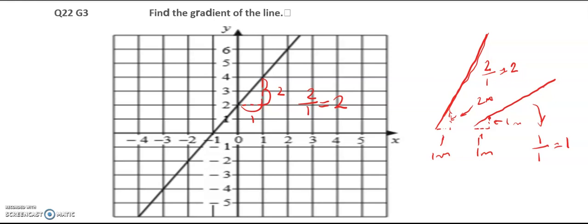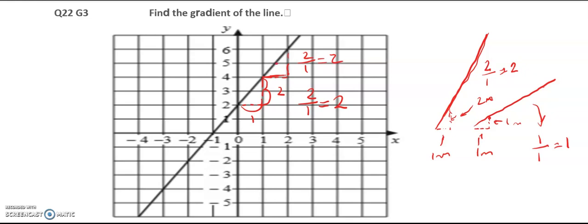You could work this out in any part of the graph where you can create a triangle. So here, for example, again, you'd get the same answer. You're going 2 units up for 1 across, so 2 over 1, which is 2.